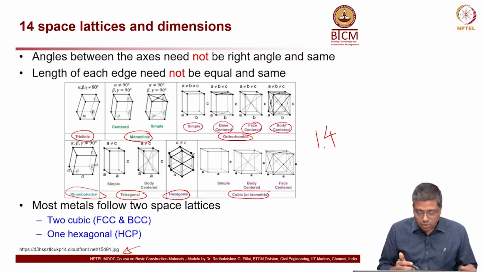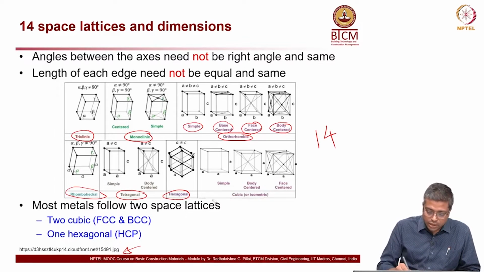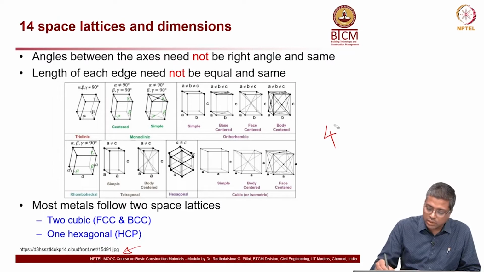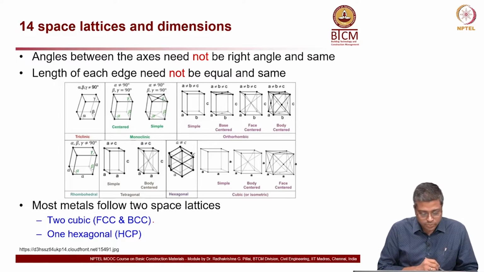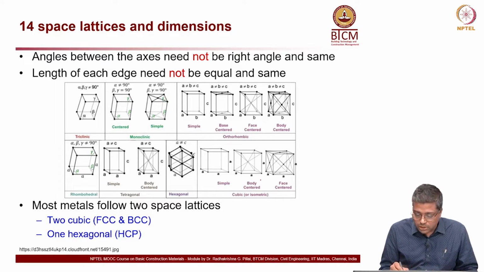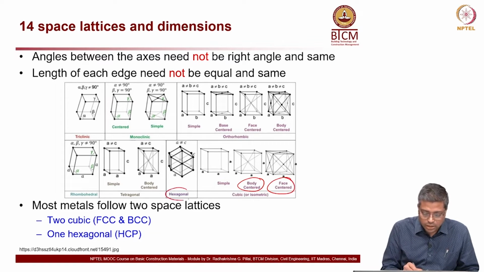and in case of most of the metals, not all of these are observed. What we see mainly are face centered cubic, body centered cubic and hexagonal close packing. Okay. So, body centered cubic, face centered cubic and hexagonal close packing.